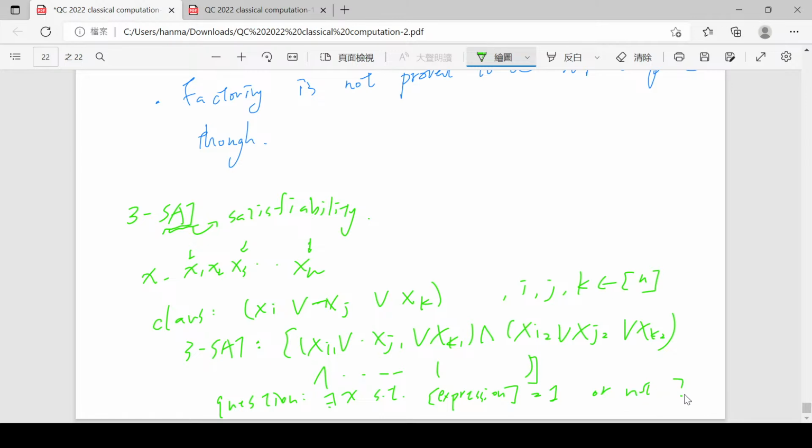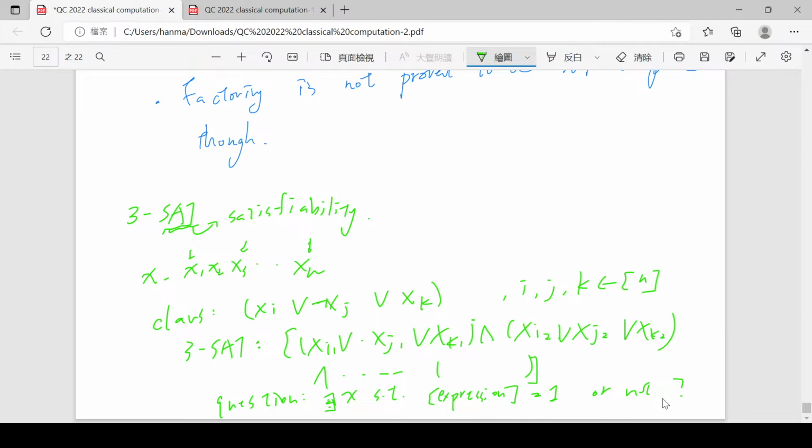If there exists an x that satisfies all those clauses and they AND together and are all satisfied, then it's a yes instance, and if not, then it's a no instance.